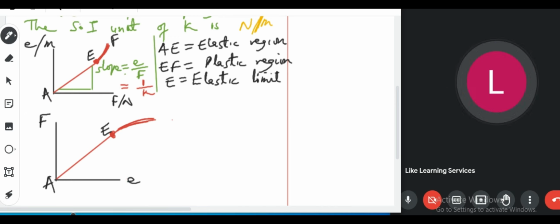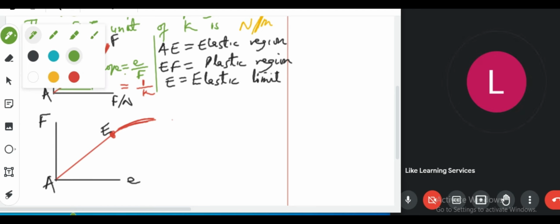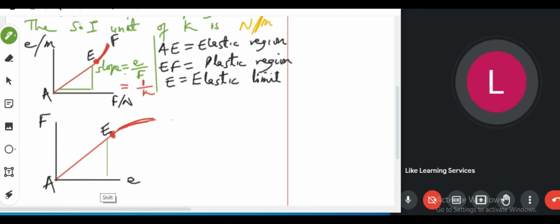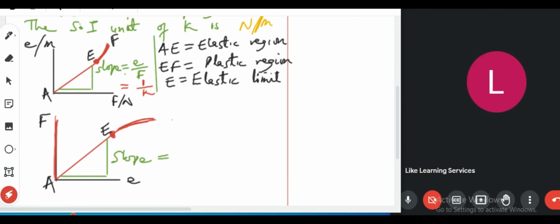So what I'm saying is, if we take the slope here, this particular one, where we plotted force against extension, the slope will give us rise, which is F, over run, which is E, and that is directly the spring constant.